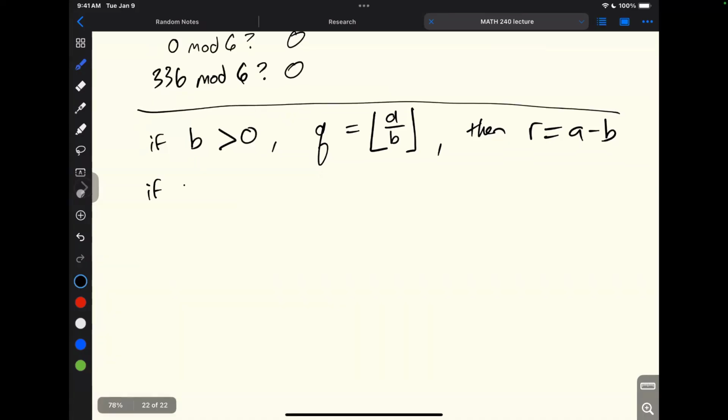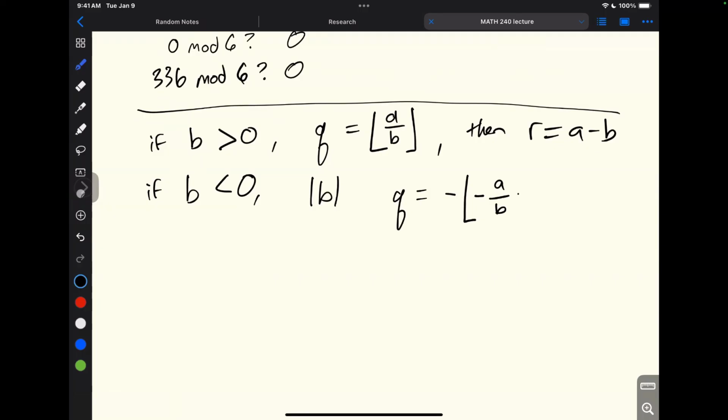And if B is less than 0, then we do that. So it says do it with the absolute value of B, and their way of putting it is Q is equal to the negative floor of negative A over B. So it's negating B and then giving it another negative sign on the outside in order to flip it back again.